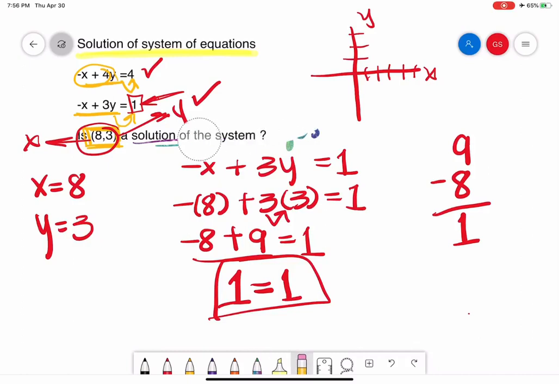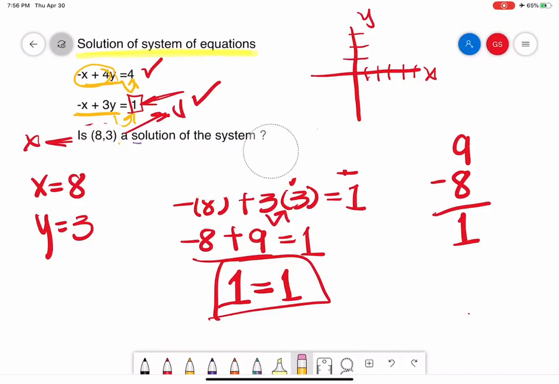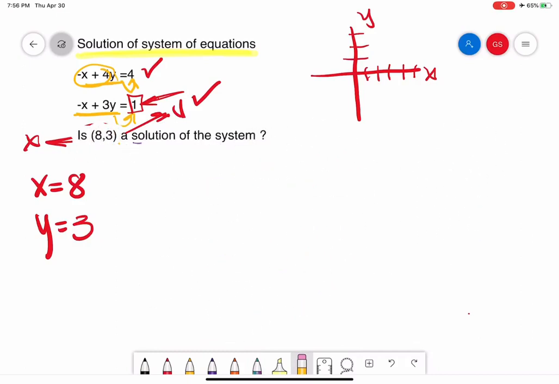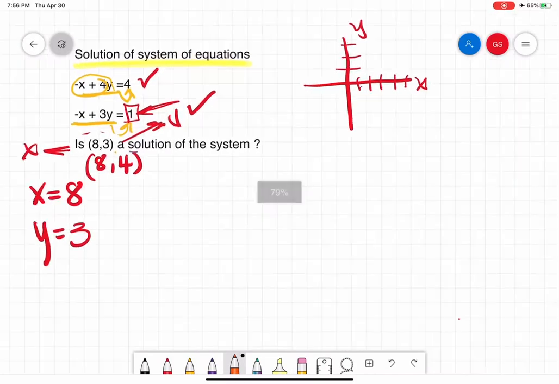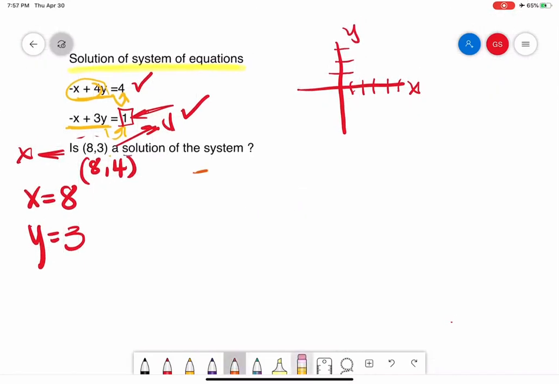Now, what would happen if they changed the numbers and instead of giving us a 3, they gave us a 4? Well, you would do the same thing and substitute it again the same way you did the first time. You will put minus x plus 4y equals 4.